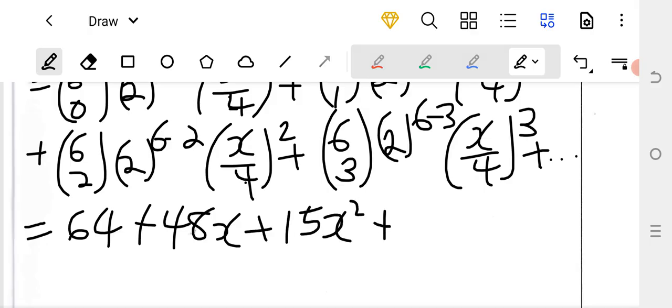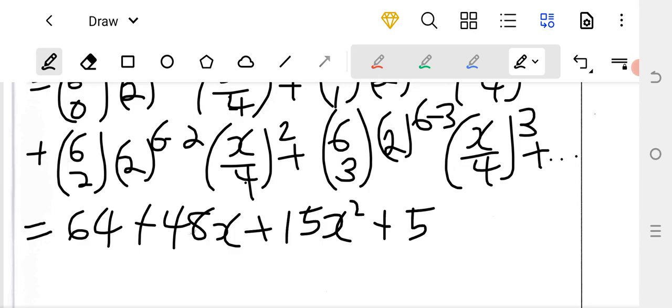Plus a 6 combination 3. 6 combination 3, if you type on your calculator, is a 20, multiplied by a 2 to the power 3 here. 2 to the power 3 is simply 8, so 20 times 8 is 160. You divide by a 64. You are going to have a 5 over 2.